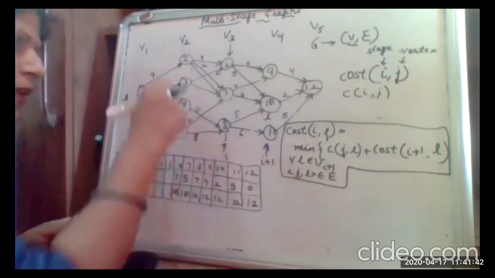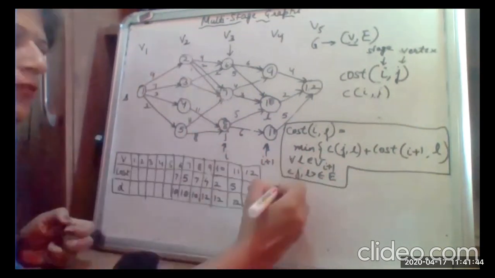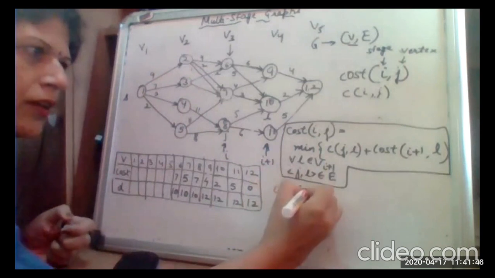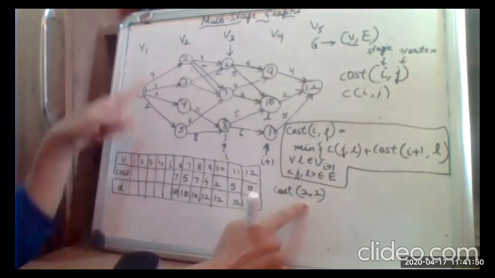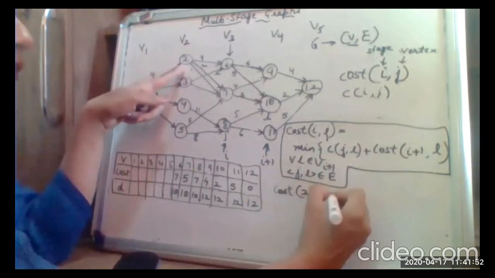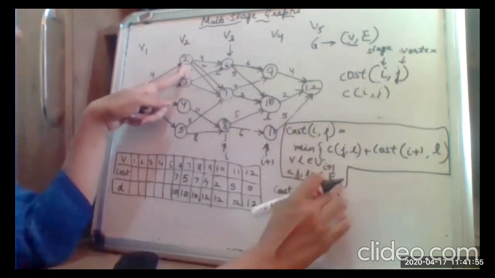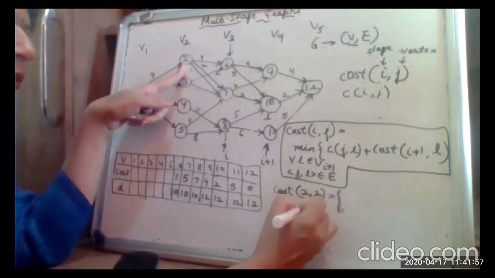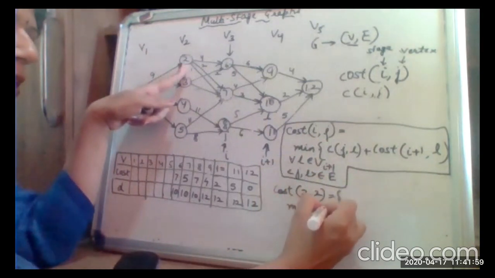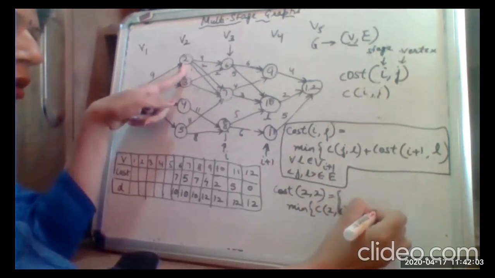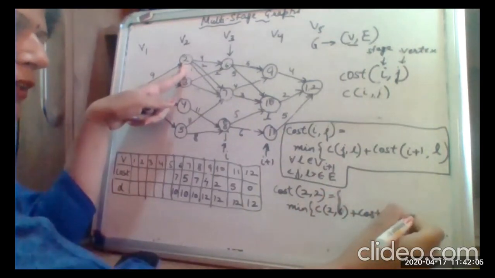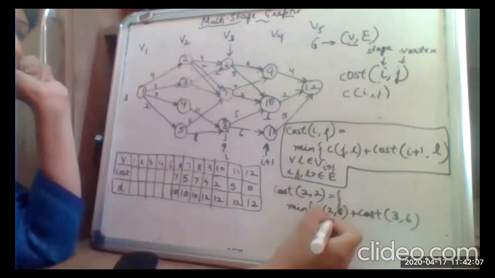So the cost, now we have to find out for 2, 3, 4, 5. So cost of 2, comma 2. That means at the second stage for the vertex 2, the minimum value that we will be including will be C of 2 to 6 plus cost of 3, comma 6, third stage, sixth vertex.